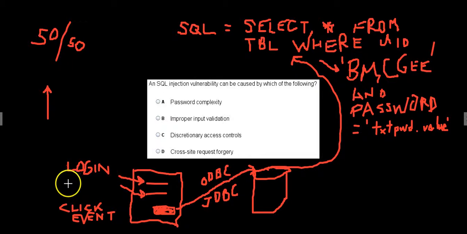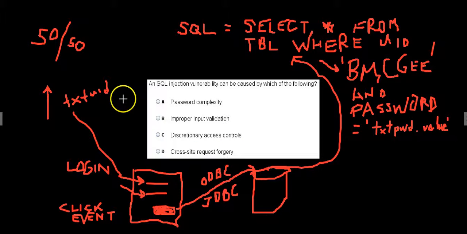The text box for UID is probably called txt user ID or something like that, and you could actually go into debug mode in a lot of the browsers and look at it. The dot value would be whatever is put into that text box.